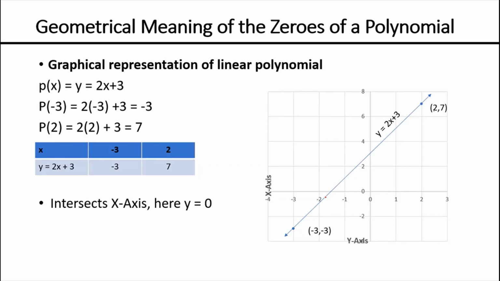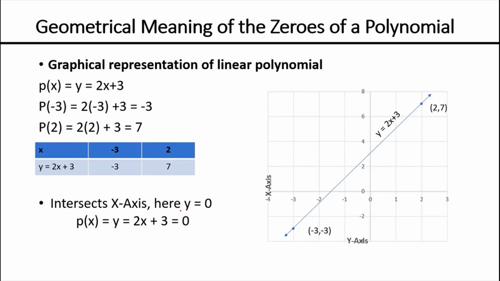Because we can recollect that the zero of a polynomial is that value of x where the value of the polynomial, which is y, becomes 0, and we know that the x-axis is nothing but y = 0. That is why the intersection point of the x-axis and this line will give me the zero of this polynomial.